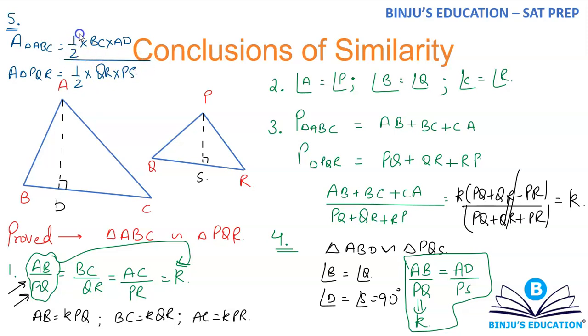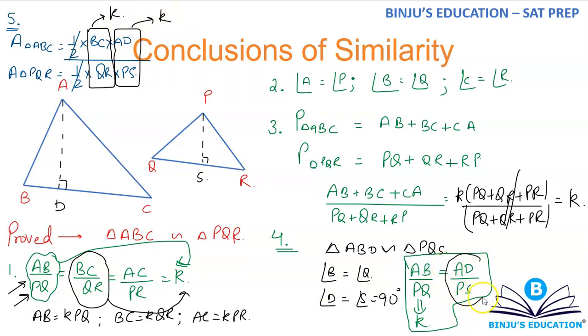Divide the two, you can cancel half and half. Now BC by QR is equal to K, from the first conclusion. And AD by PS is also equal to K, from the fourth conclusion.